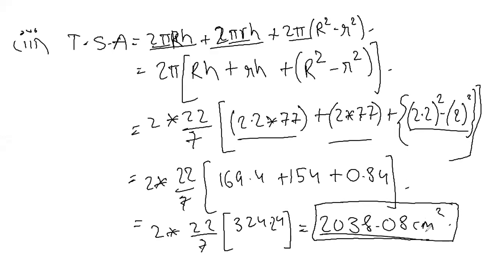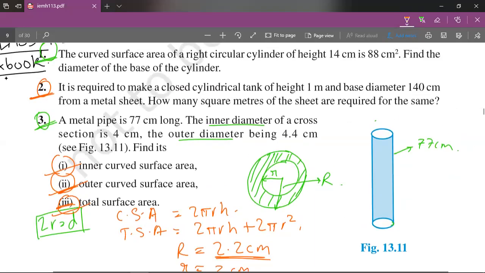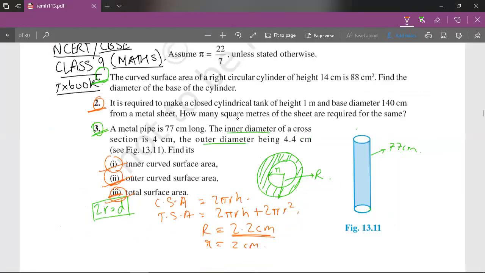And a note to the viewers again is that all these questions that I've done, 1, 2, 3, I have done that from NCERT.